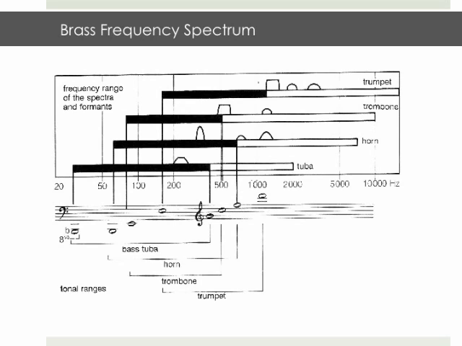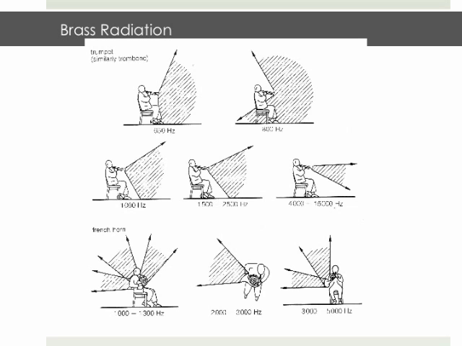Similarly, now we have the brass frequency spectrum that you can use as a reference, and the brass radiation characteristics that, as you can see, change dramatically according to the different regions of frequencies.